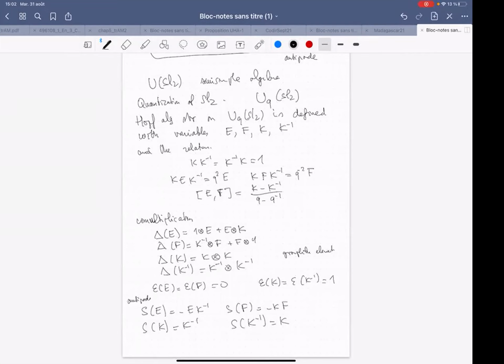But for these quantum groups, there is no general machinery to provide deformations. For families, for example SLN, you have a machinery, but not for any enveloping algebra. It's not possible.